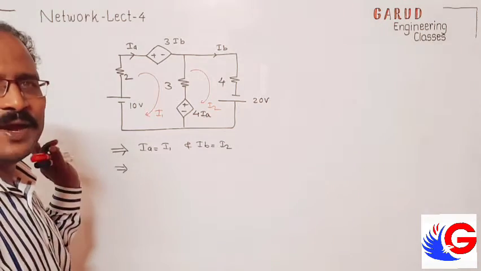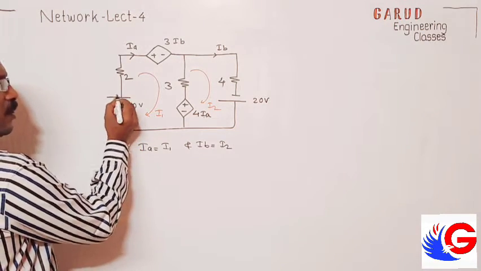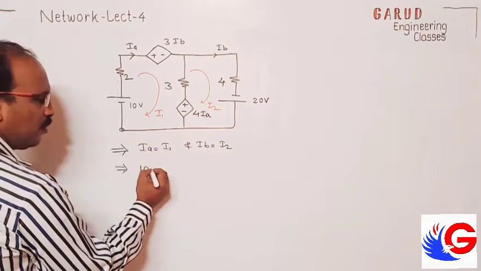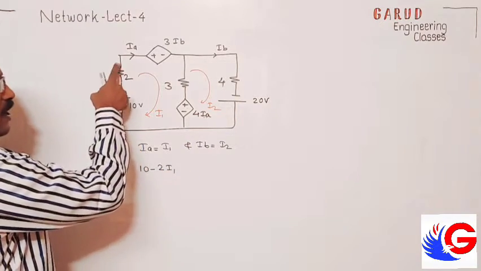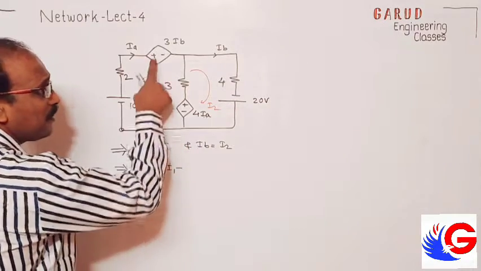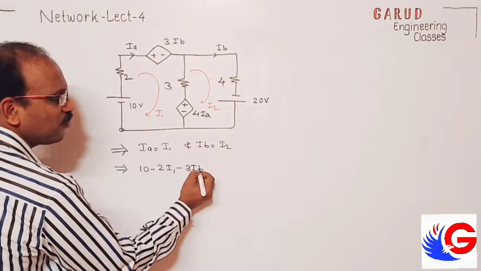It's like BEE now. So simple it is. If I start from here, negative, positive, plus 10, drops are always minus. Drops are always minus. This is voltage source. Treat like voltage source. Plus, minus, minus. Write the value of voltage source.